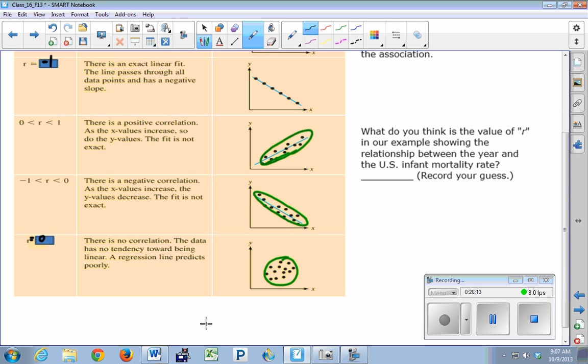If you don't mind, I would like to record some guesses from class, if you're willing to be brave and put yourself out there. Okay, Brendan? 0.95. Okay, someone else? Julia? Negative 0.85. Someone else? -1. Do they lie exactly in a straight line, Sonia?